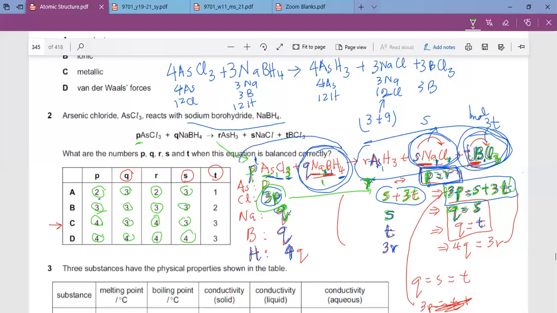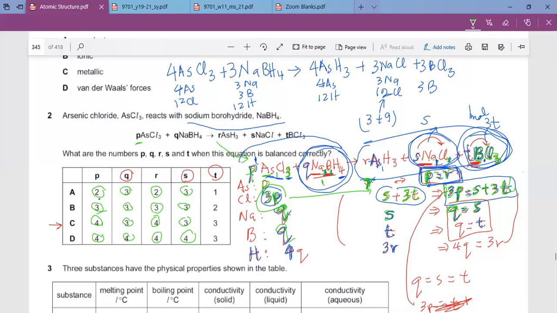So now we come to the important part. Boron is only found here. Sodium borohydride, 1 mole has 1 boron, so here's Q. And here we also have 1.